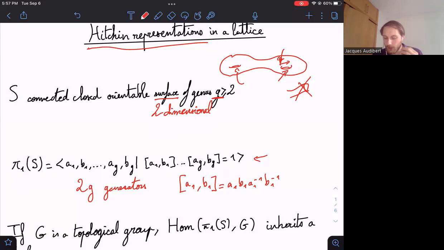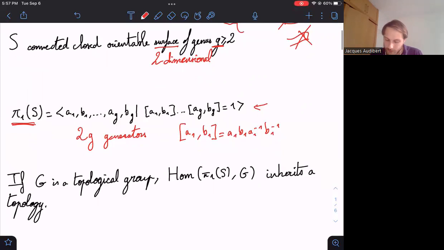But what will allow us to understand which one we can put, that would be the properties of the fundamental group, so the topology of the surface. So for this, we'll look at the space of homomorphisms from the fundamental group to a group G. So just group homomorphisms, but when G is a topological group, this will have a topology.